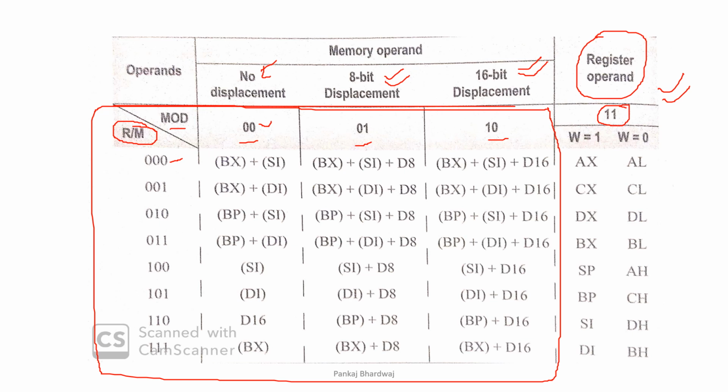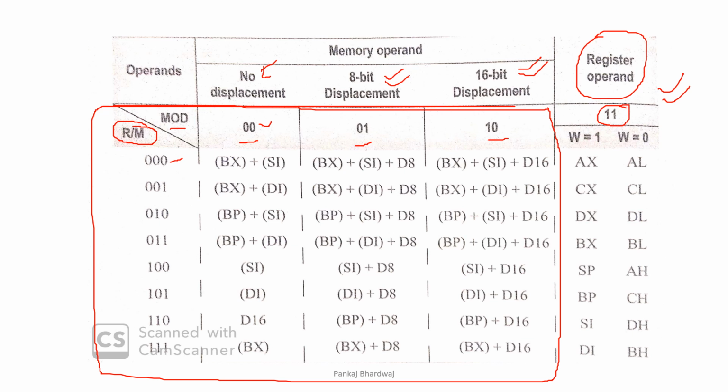BX plus DI will give you the offset in the segment in which the programmer is operating. We can calculate the segment address, and BX plus SI will give you the offset address, so we can calculate the physical location of the memory.